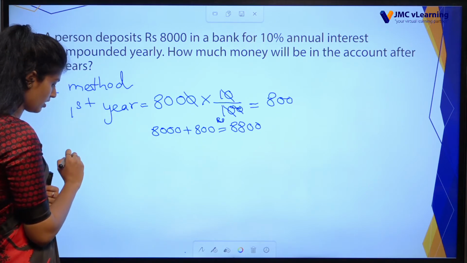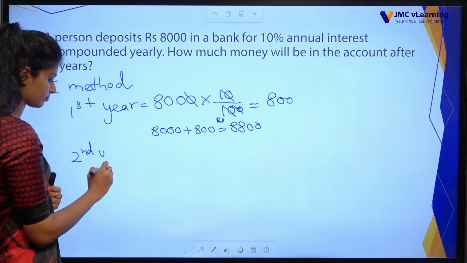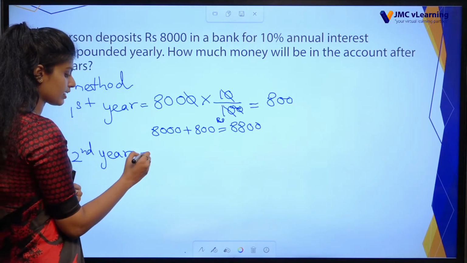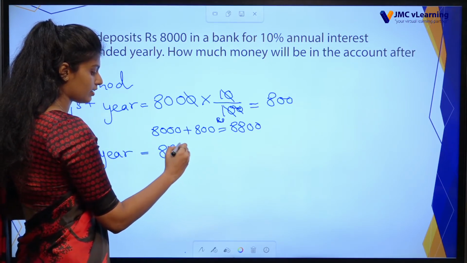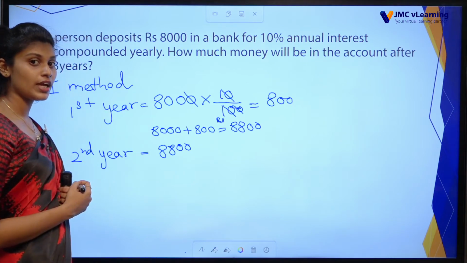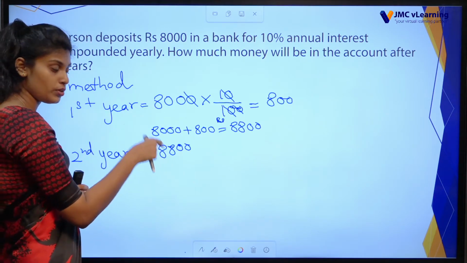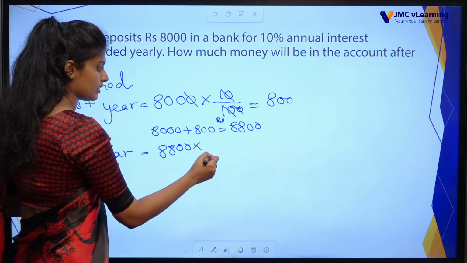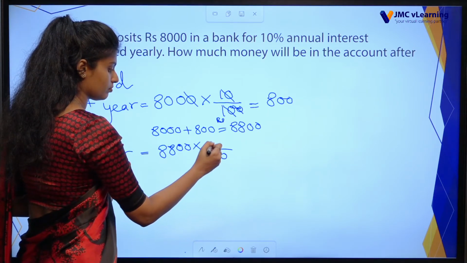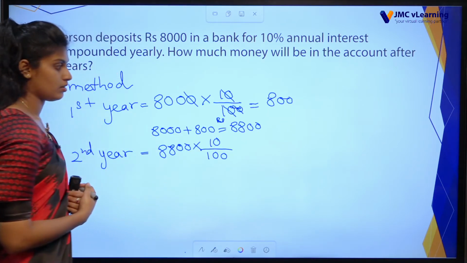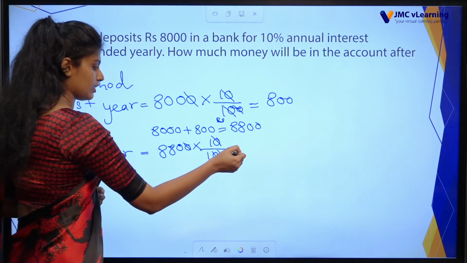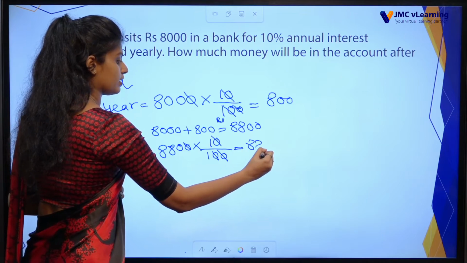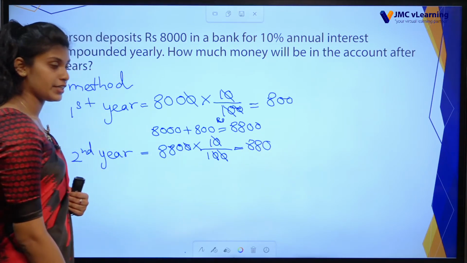Then let's count the second year. In the second year, the money balance is 8,800 rupees. Now you have to calculate the interest on this amount. It is 10%. Then count. The interest is 880 rupees.